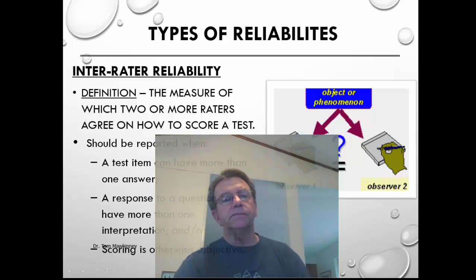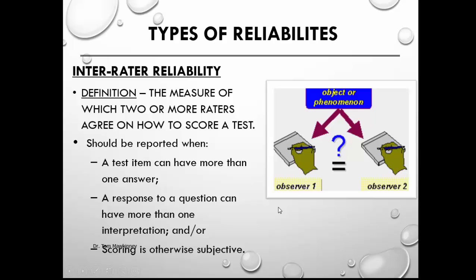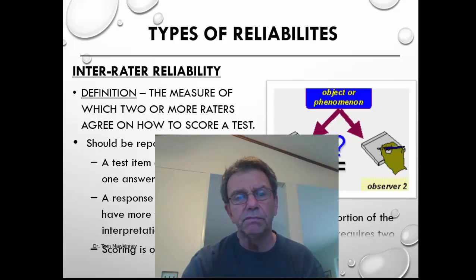So this is a form of reliability that you should be familiar with, and it's used when a test is much more subjective than objective. You don't need two people to correct a selected response test, but you do need two people to correct an essay test. So that's when it would typically be used.